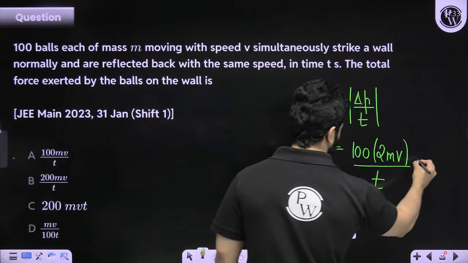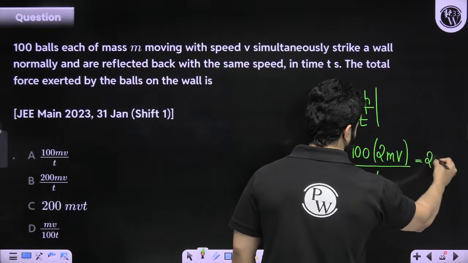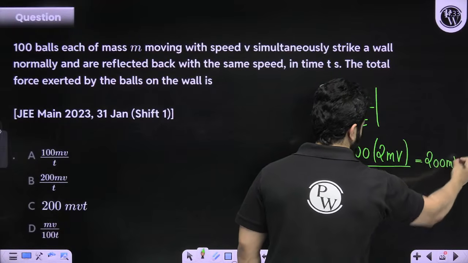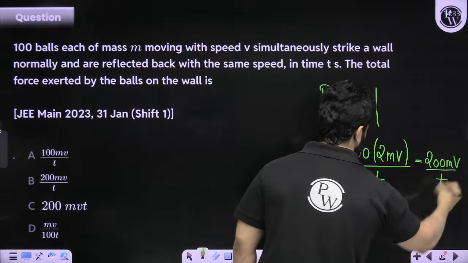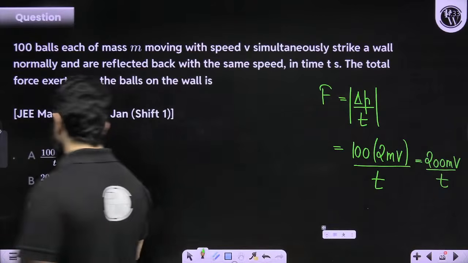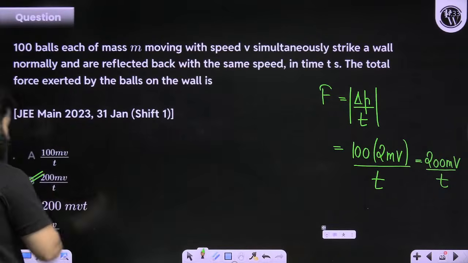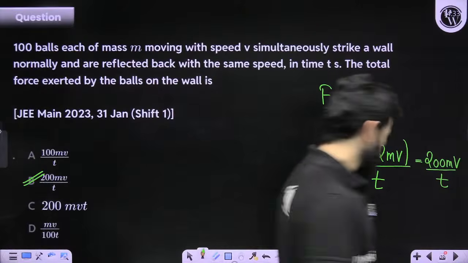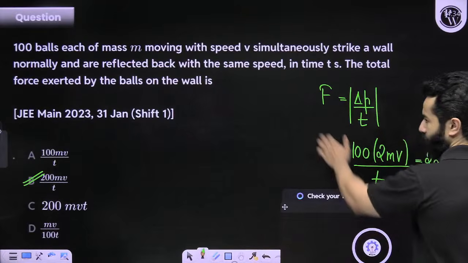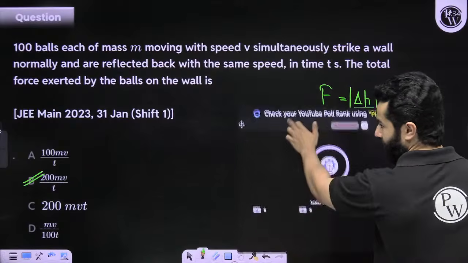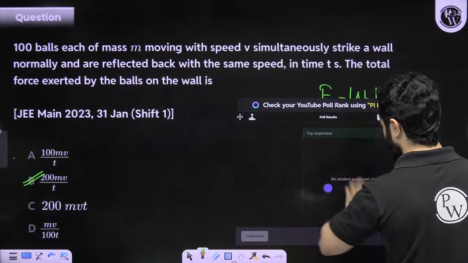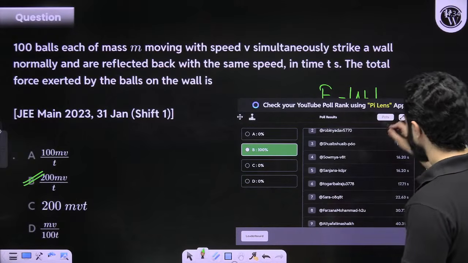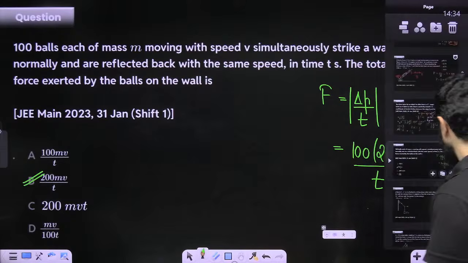So it is simply 200mv divided by t. This was a very easy problem. Option B is correct. Very good.